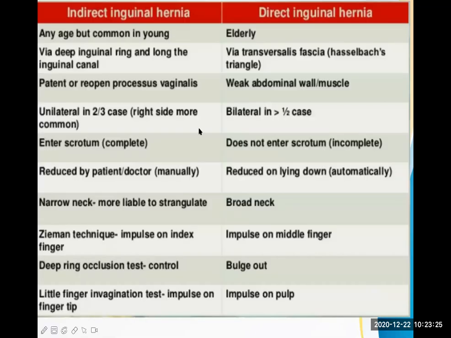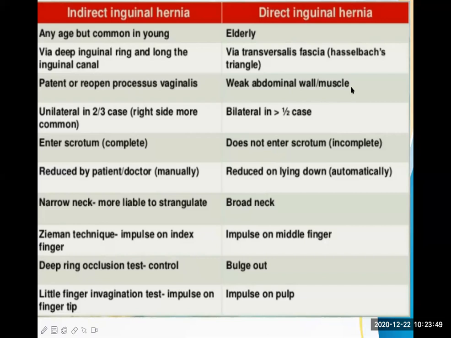Now, these are the things which you can do on your own, but let me choose some of the very important points which you should not forget. In indirect inguinal hernia, the patent or reopening of the processus vaginalis is quite common. Whereas in direct inguinal hernia, it mainly occurs because of a weak abdominal wall or muscle.